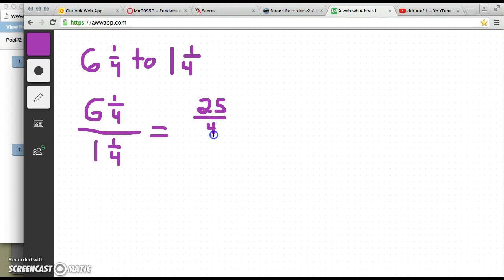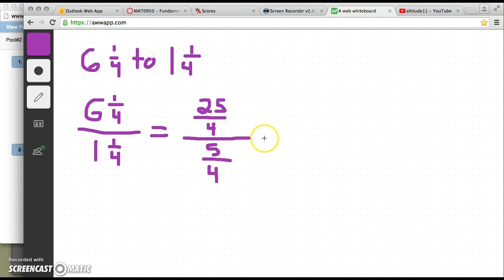So 6 1/4 is the same thing as 25 all over 4. And for the other, 4 times 1 is 4, plus 1 is 5, all over 4. What we did there, guys, is we took these mixed numbers, 6 1/4 and 1 1/4, and rewrote them as fractions, 25 over 4 and 5 over 4.